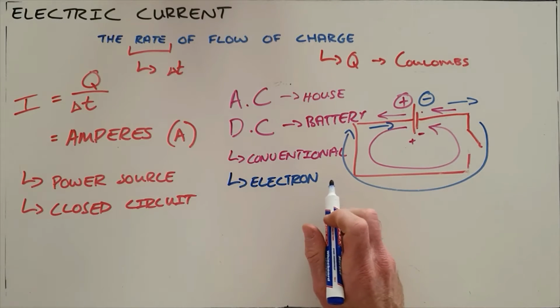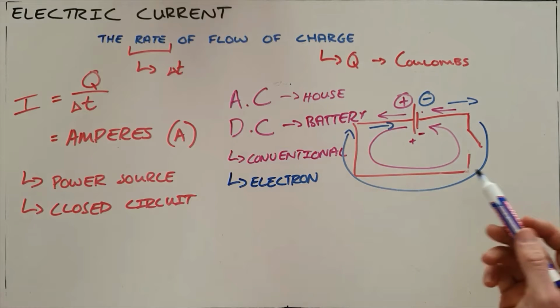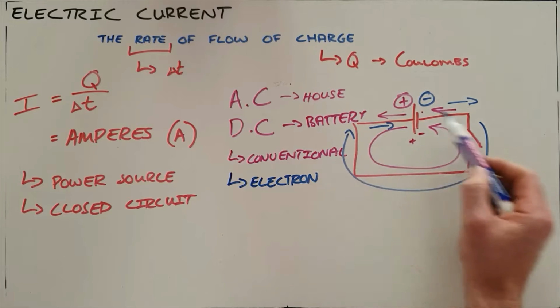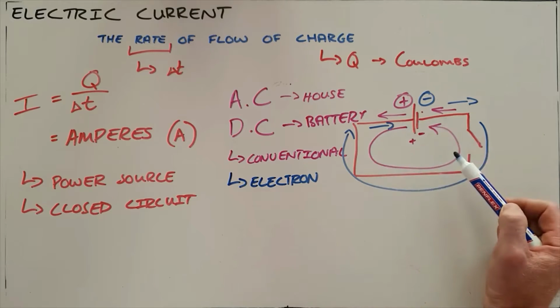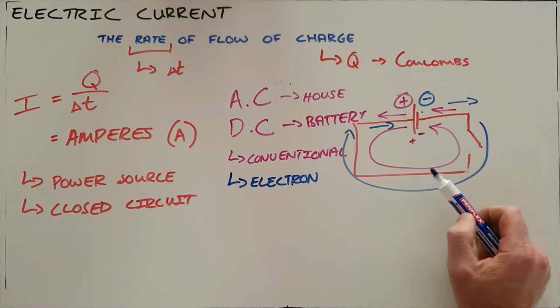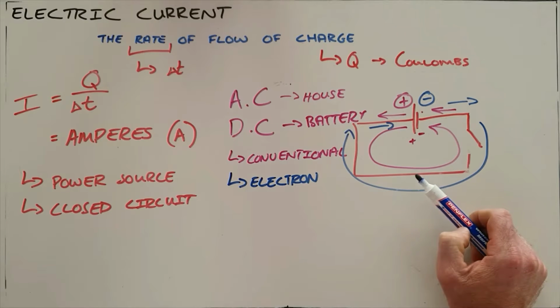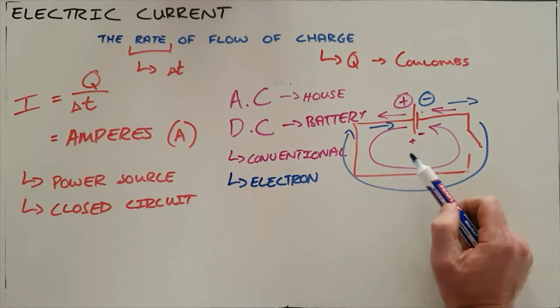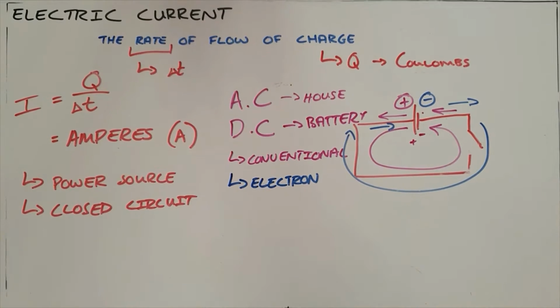It's important to note here that the type of current, be it conventional or electron current, does not determine the operation of the circuit. The same rules still apply for current and voltage and resistance in that circuit. It is just the order in which it's followed that changes.